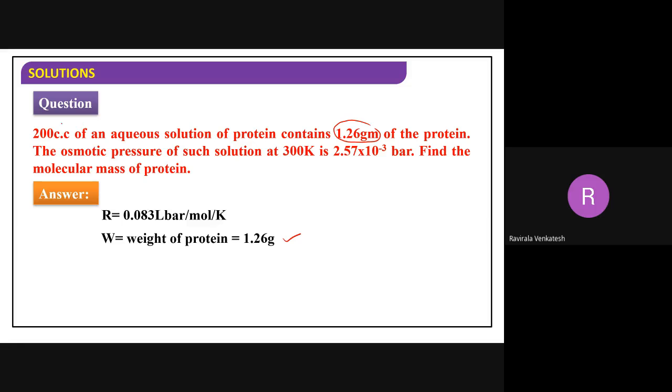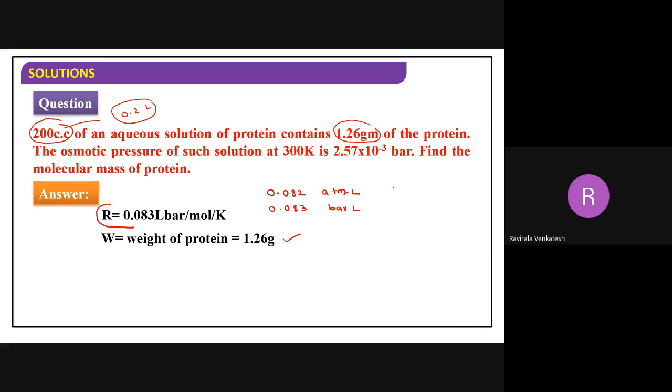Now, why do you have to take this volume in liters, like 0.2 liter? It depends on the R value. You observe, the R value is 0.082 if I take atmosphere liter, and 0.083 if you take bar liter.